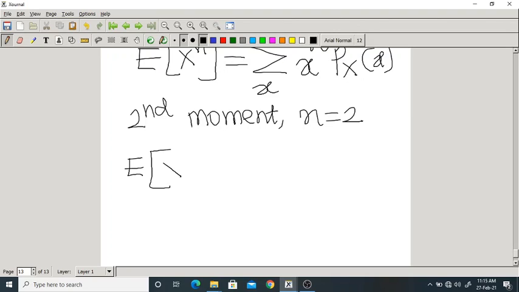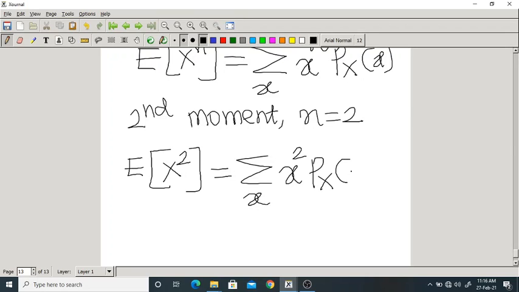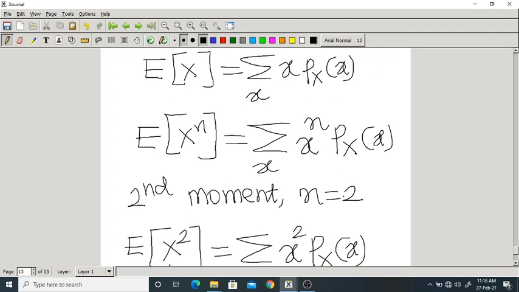Expectation of x square equal to summation over x square Px of x. So please remember these three formulas. These are very, very important.